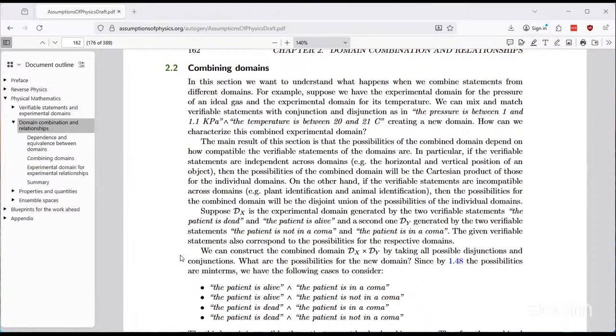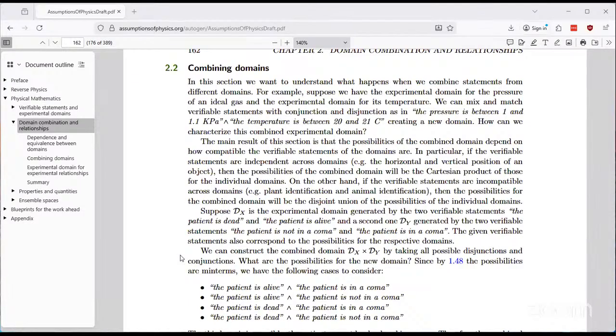The main result of this section is that the possibilities of the combined domain depend on how compatible the verifiable statements of the domains are. In particular, if the verifiable statements are independent across domains, e.g., the horizontal and vertical position of an object, then the possibilities of the combined domain will be the Cartesian product of those for the individual domains.